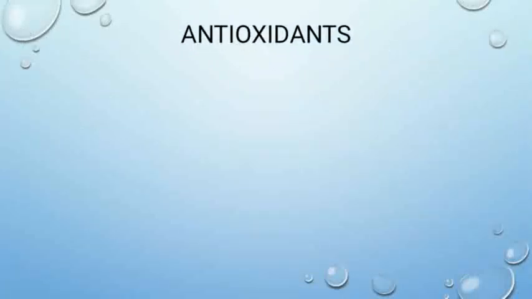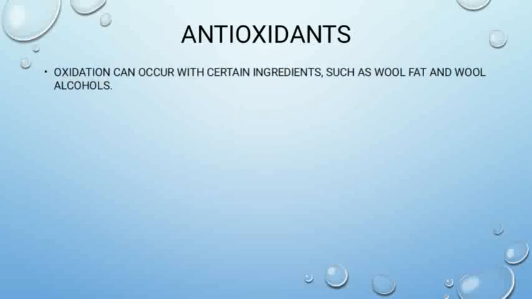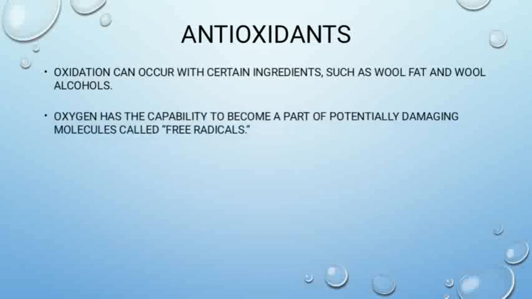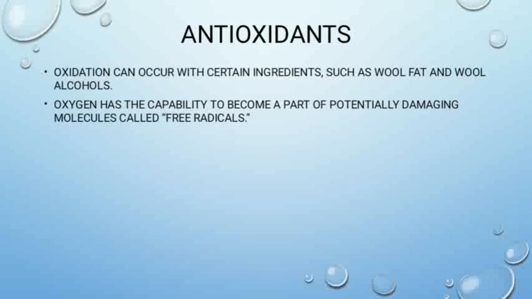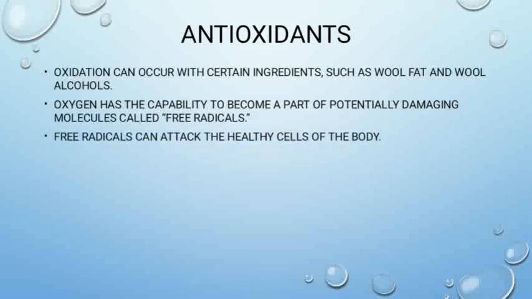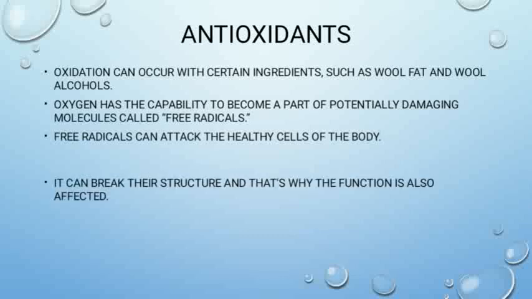Now, the next ingredient is antioxidants. So students, oxidation can occur with certain ingredients such as wool fat and wool alcohols. Oxygen has the capacity to become a part of potentially damaging molecules called free radicals. Free radicals can attack the healthy cells of the body.